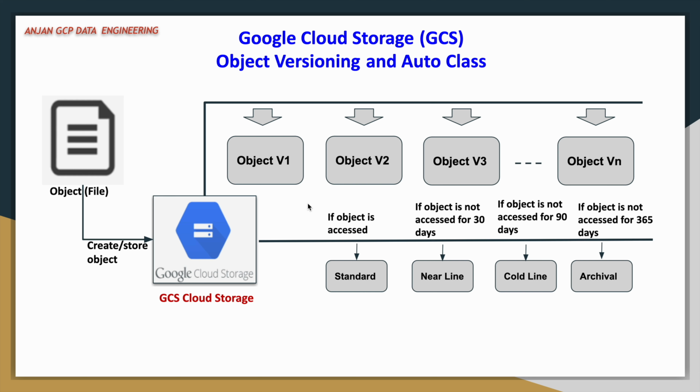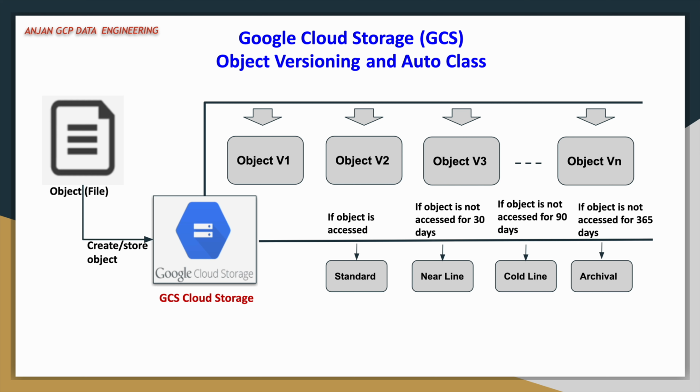We'll perform operations like enabling object versioning on an existing bucket, listing all the objects and their versions, and restoring a previous version, that is, restoring one of its versions to the current version.